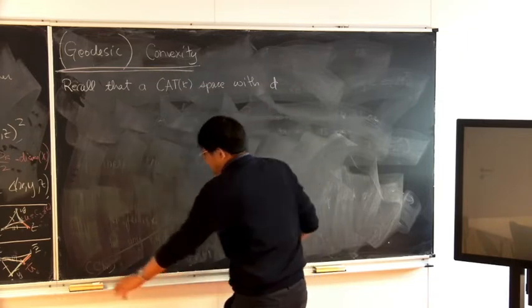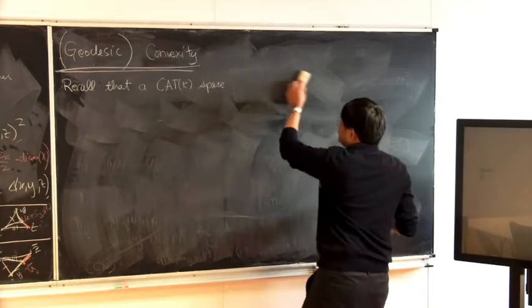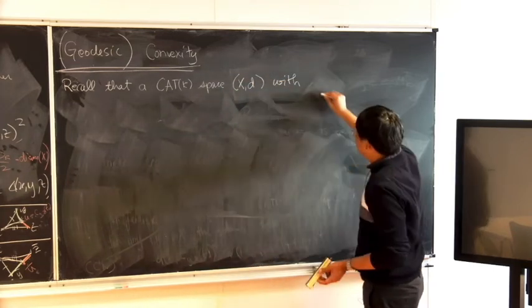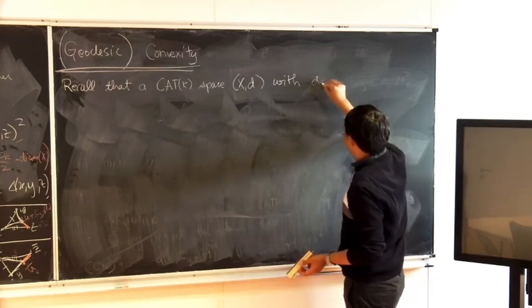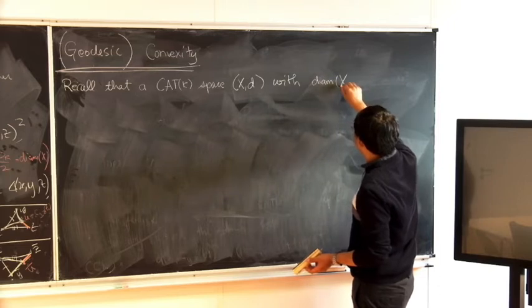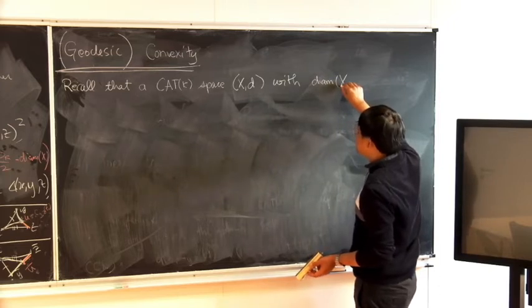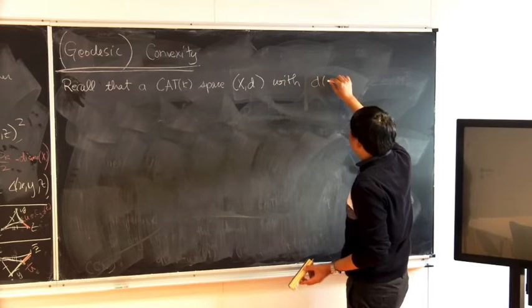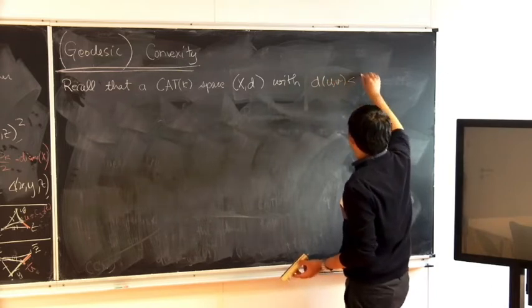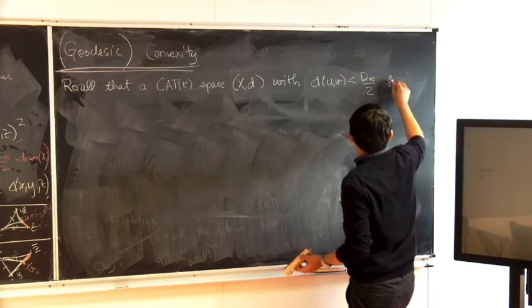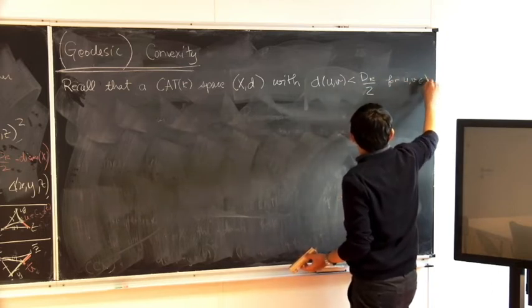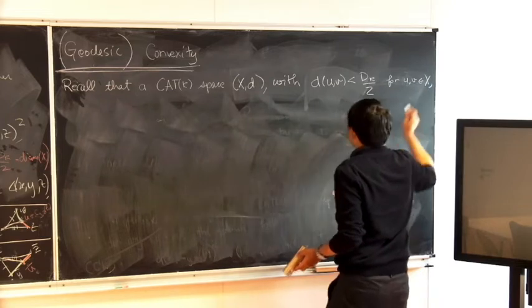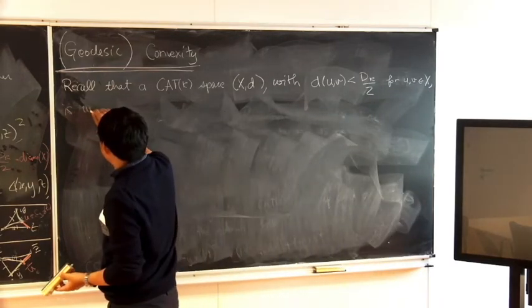When you have a cat-kappa space X, d, with diameter of X, let me write it like this, with d(u, v) less than d kappa over 2 for any u, v belongs to X, it is uniquely geodesic.